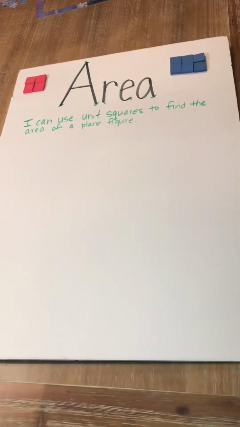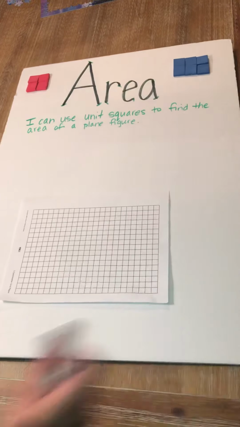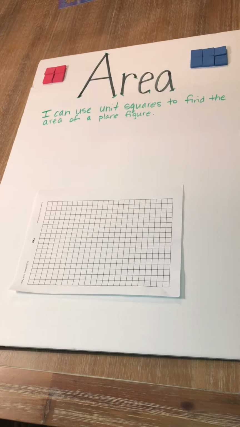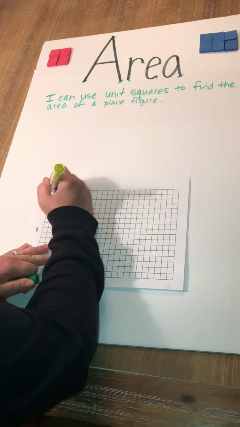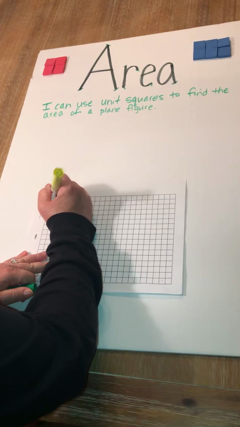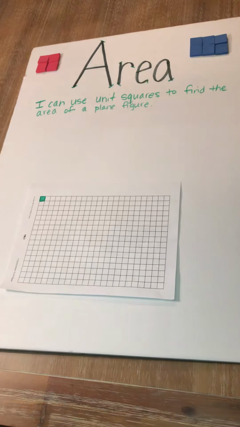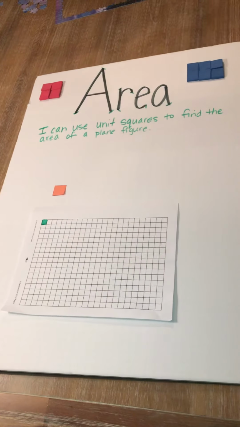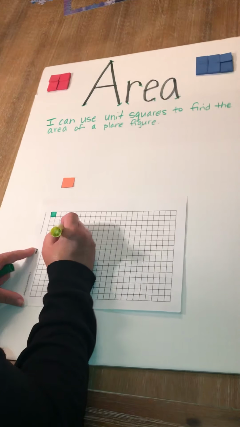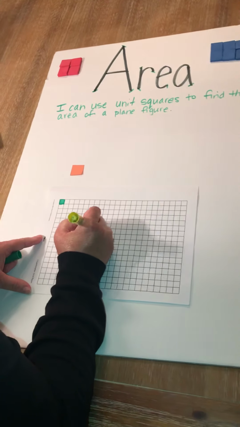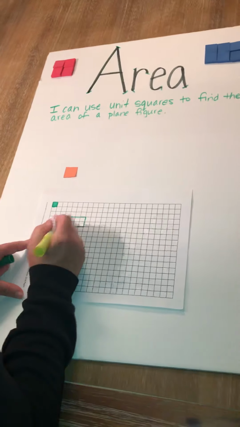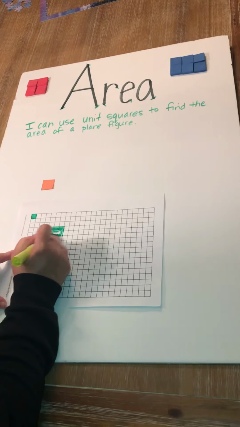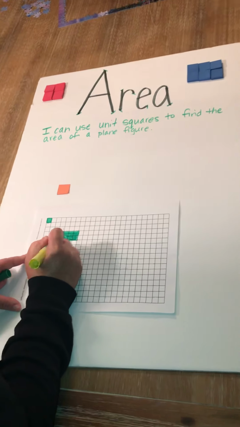The next thing I'm going to show you is graph paper. I'm going to make the same tiles, the same shapes that I just made before. I'm going to start by shading in the first one. Just to remind you, it's just like this. 1 unit square. Okay, if I were to shade this, we would count how many squares are inside the shape.